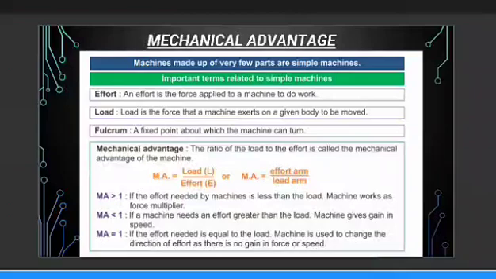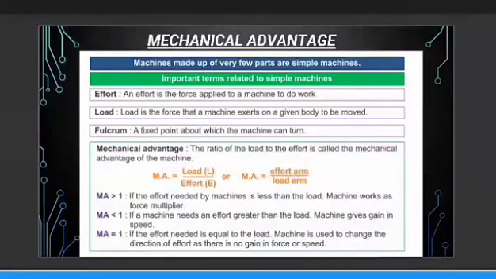Now, very important: I said three major functions of a machine we are going to talk about in this chapter, that is force multiplier, change in direction, and speed multiplier. If MA is greater than 1, we will say that it is a force multiplier. Say MA is 2.